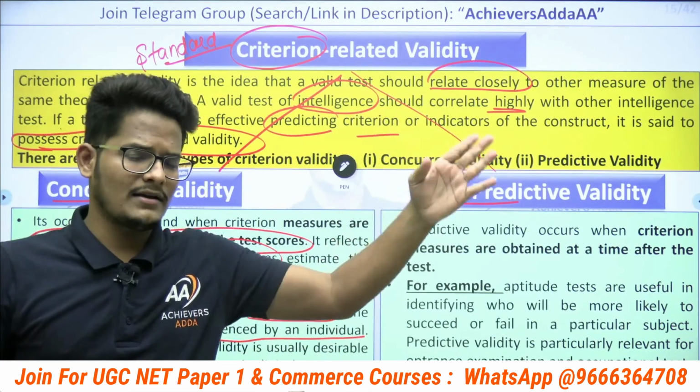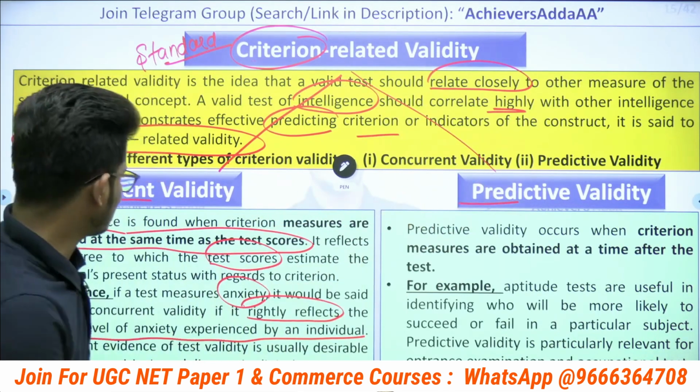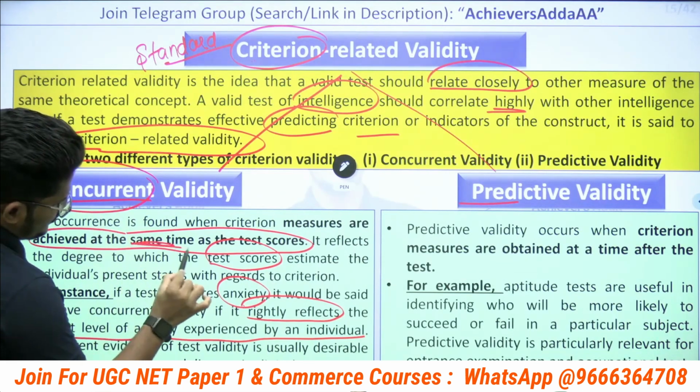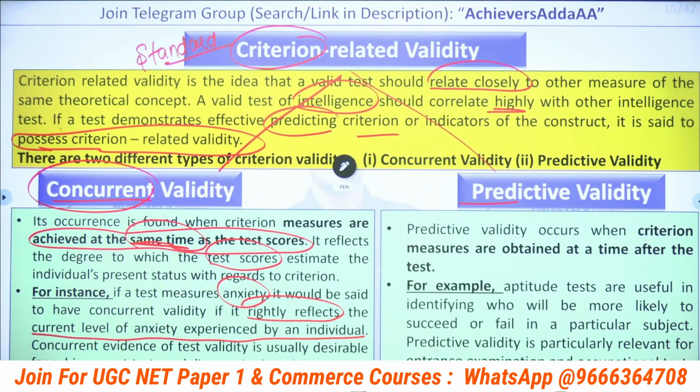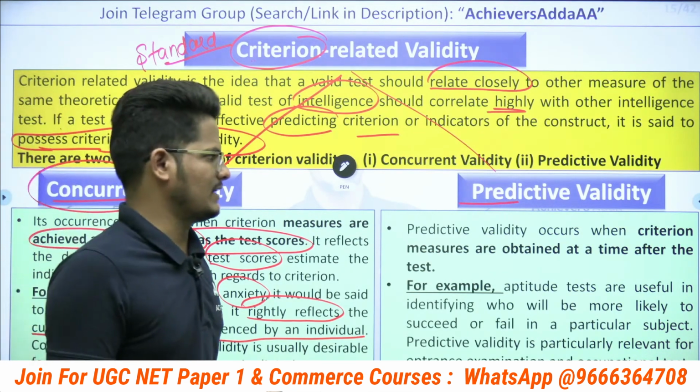Then he will do the testing again and compare those results. That is concurrent validity. But here timing is more important: at the same time the test scores are comparable. Usually this is applied in achievement, behavioral and clinical tests.